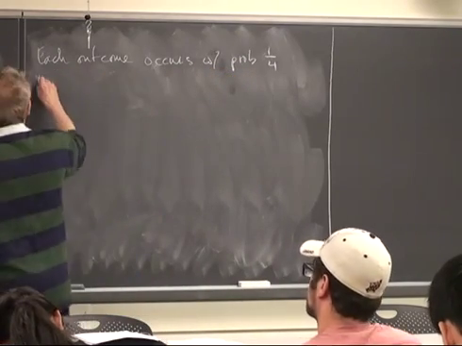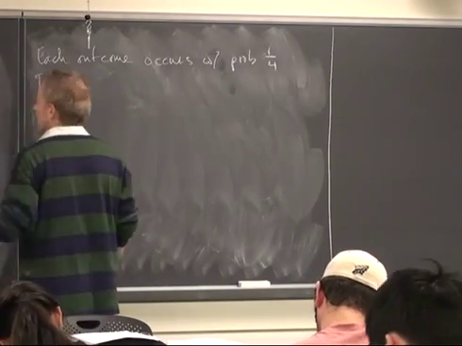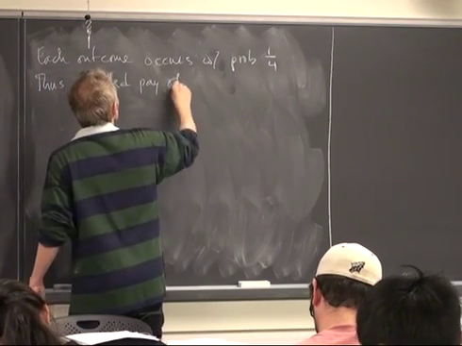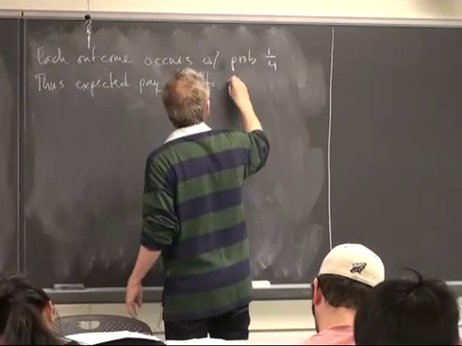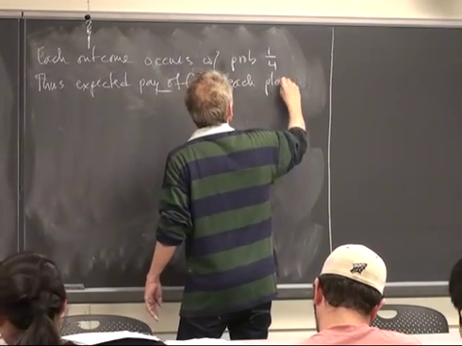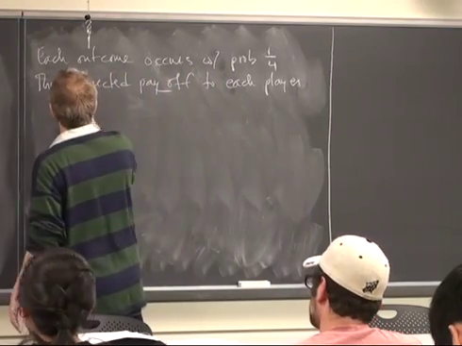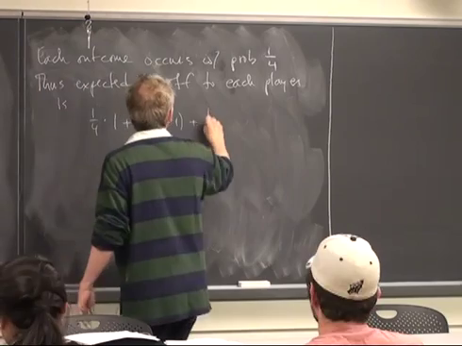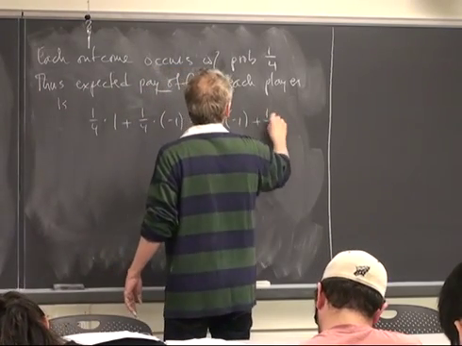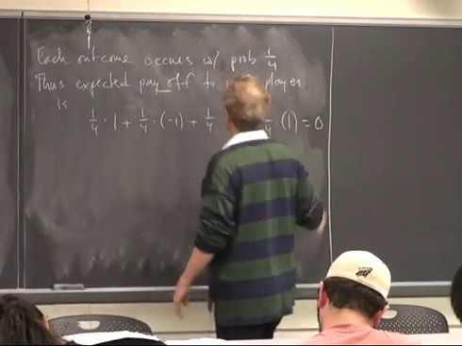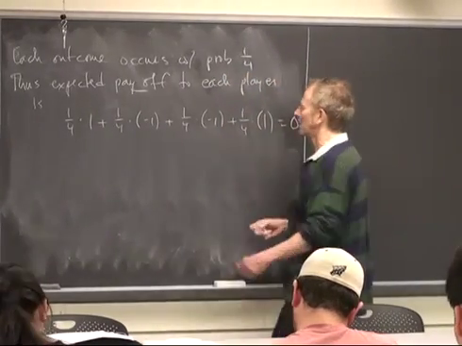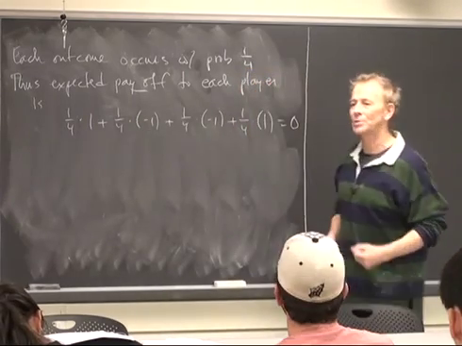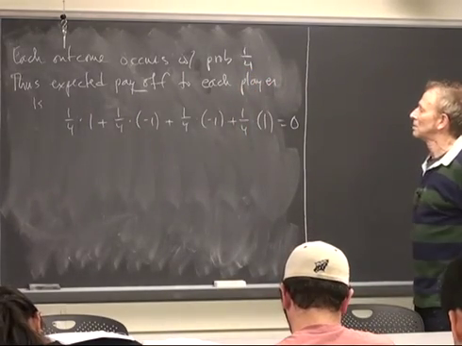So thus, the expected payoff to player 1, or to each player, is going to be 1/4 times 1 plus 1/4 times minus 1 plus 1/4 times minus 1 plus 1/4 times 1 equals 0, because in 2 of the outcomes, each player gets 1 and in the other 2 outcomes minus 1. Okay?